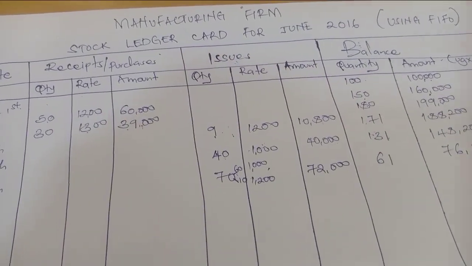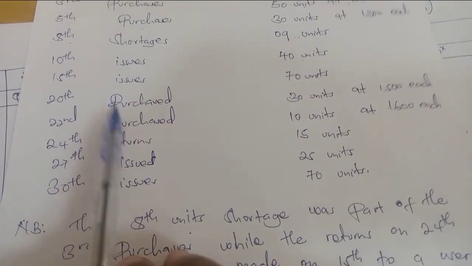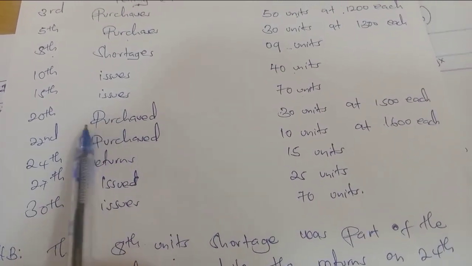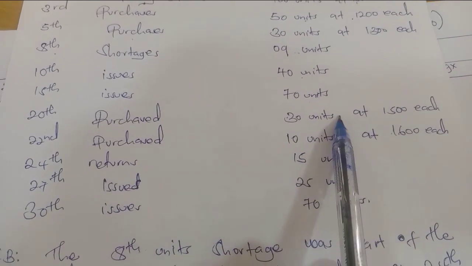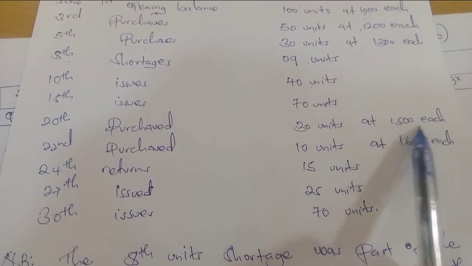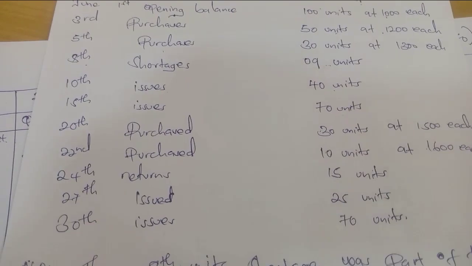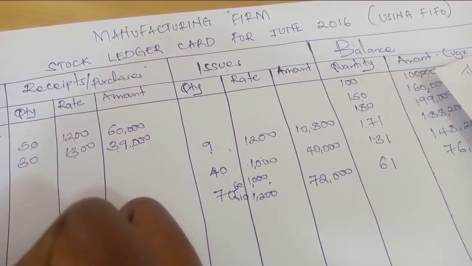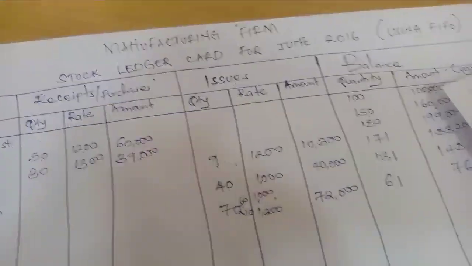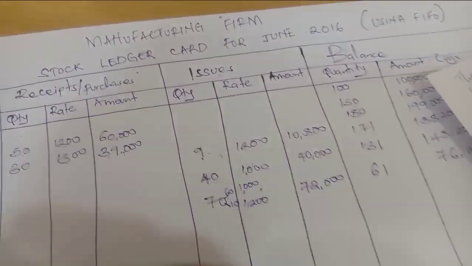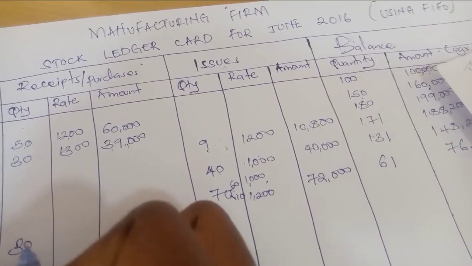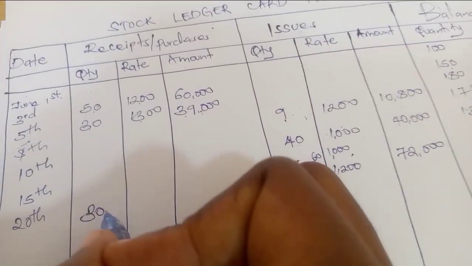Then on 20th, there were purchases of 30 units at 1,500 each.